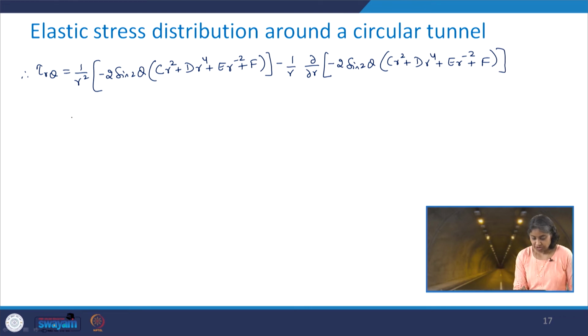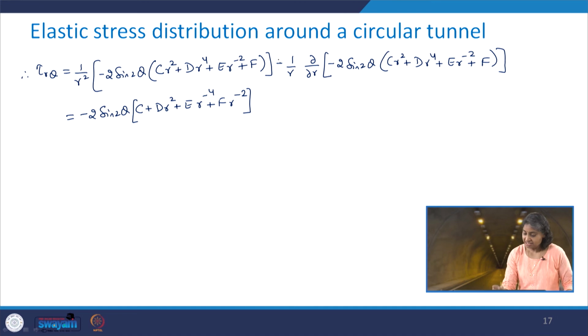Now this is going to be further simplified. So if I take minus 2 sine of 2 theta outside, what I am going to get is c plus d r square plus e r to the power minus 4 plus f r to the power minus 2, and then this negative sign and this negative sign will make it a positive sign.